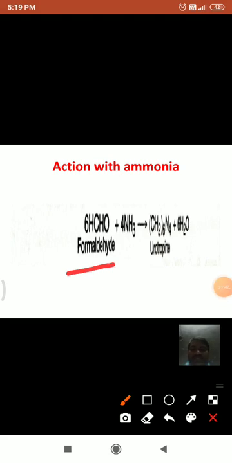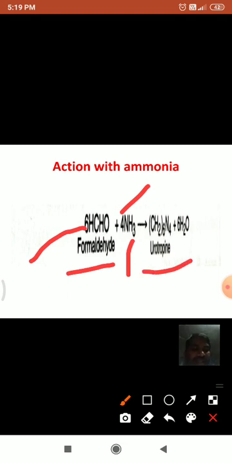That is, see here, this is aldehyde. 6 moles of formaldehyde react with 4 moles of ammonia and form the hexamethylene tetraamine compound.